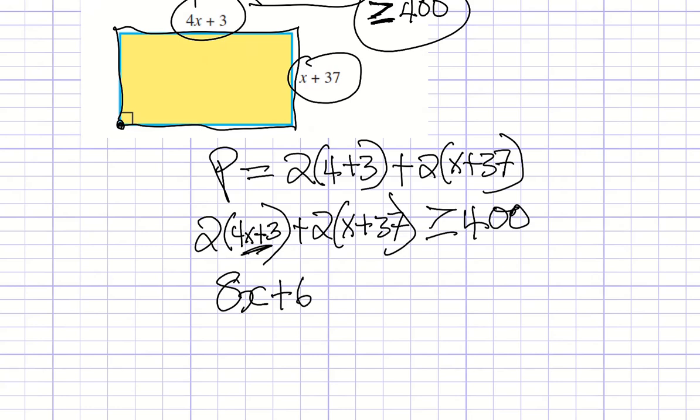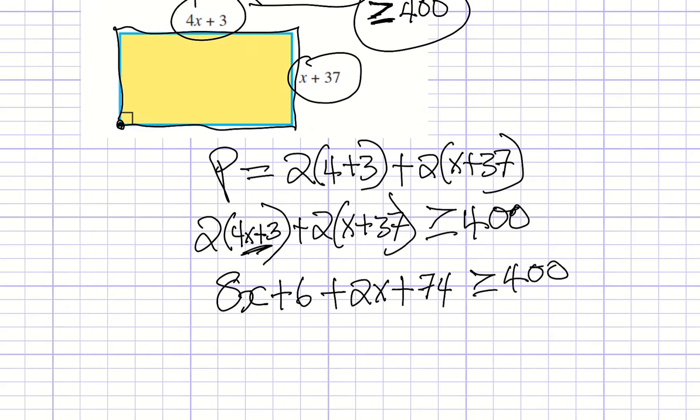Plus 6 plus 2x plus, what is 37 times 2? You have to find 37 times 2. It's 74. 74 greater than or equal to 400.